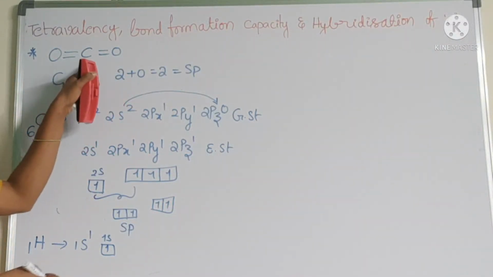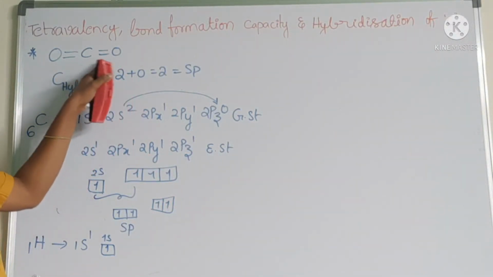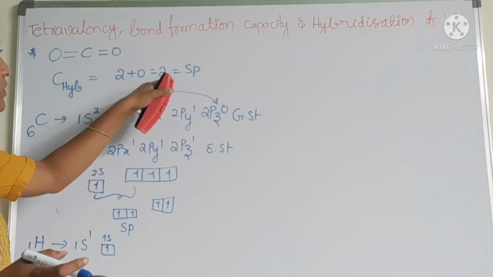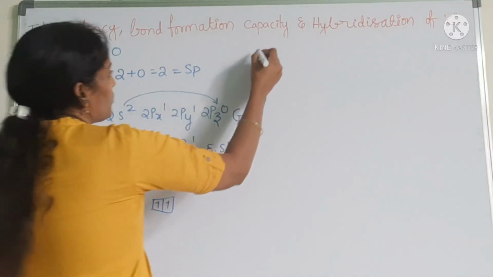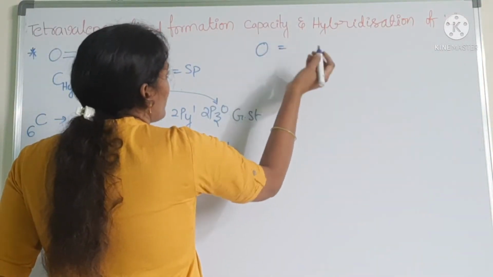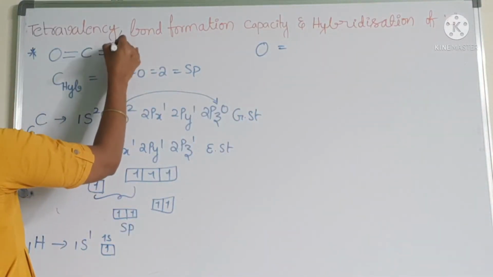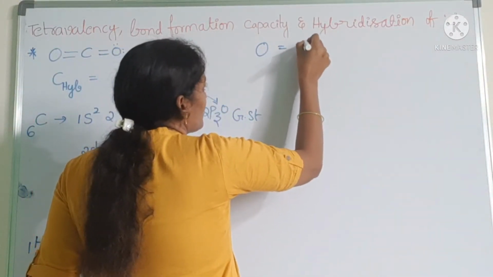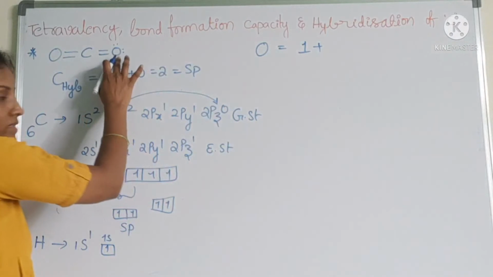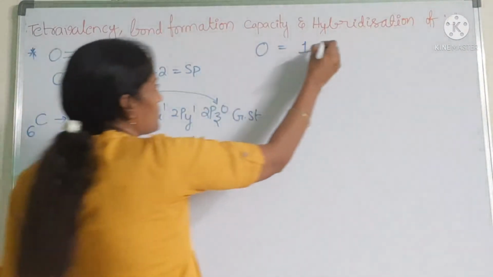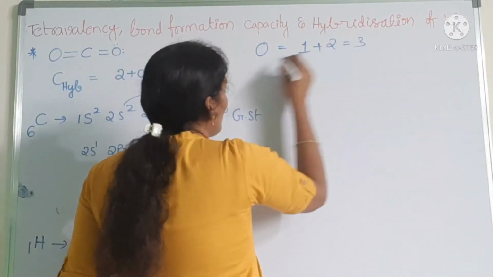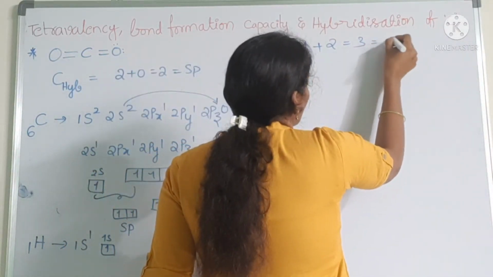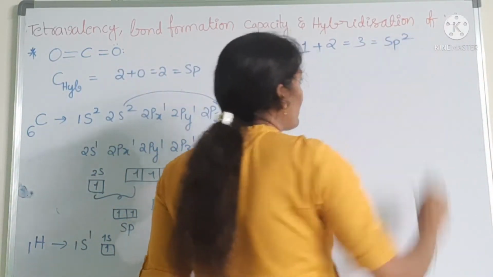See, carbon attaches with 2 other atoms only, and there is no lone pair, so it is sp. Coming to oxygen, oxygen attaches with only 1 atom of carbon, plus oxygen has 2 lone pairs. So the oxygen hybridization value is 3, which means it is sp2 hybridization.